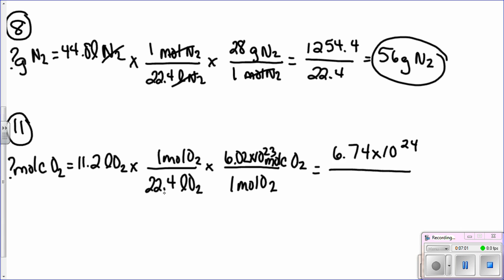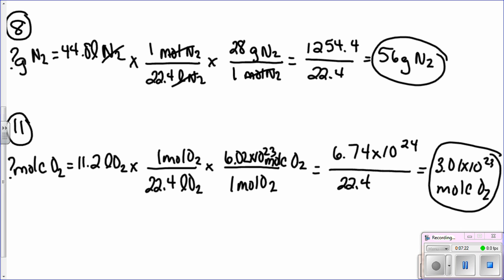Then we take 22.4 times 1, which is 22.4. We divide those out, and our answer is 3.01 times 10 to the 23rd molecules of oxygen. So our moles cancel, our liters cancel, and we're left with molecules. 11 is a model for 12 through 13.